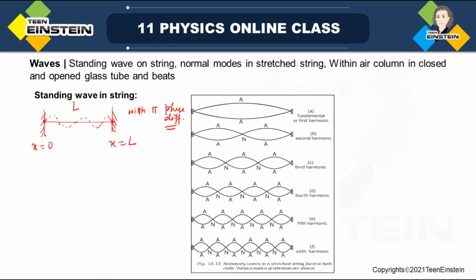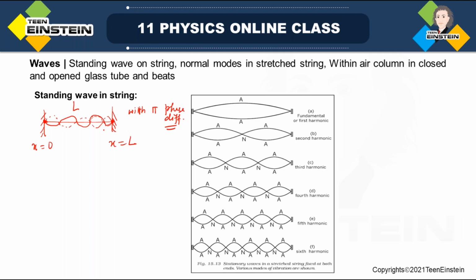Because this is a rigid point, the medium particle will not move along with the wave. That's why there will be nodes at the two ends, because the two waves, the original wave and the reflected wave, will interfere in opposite phase.